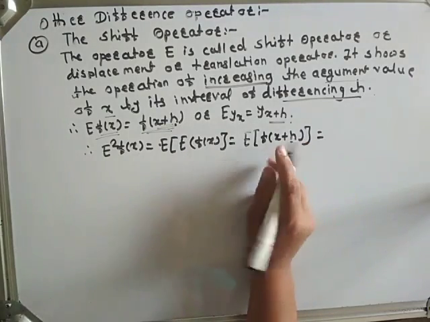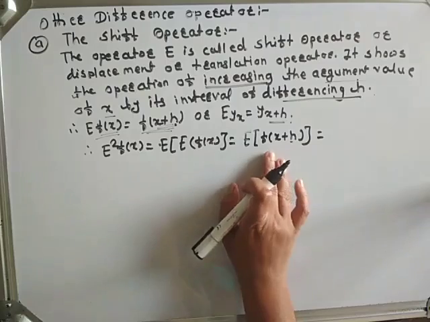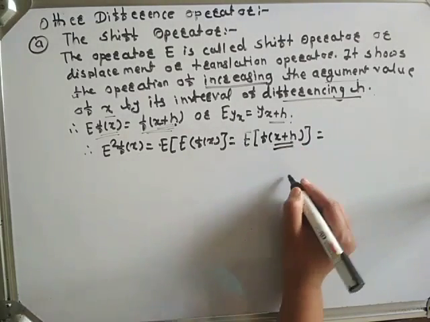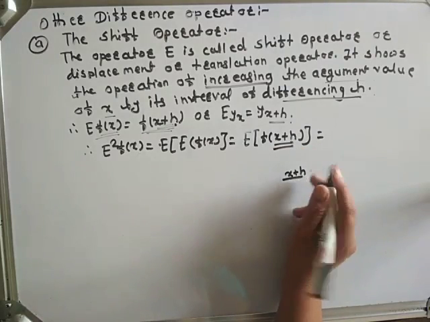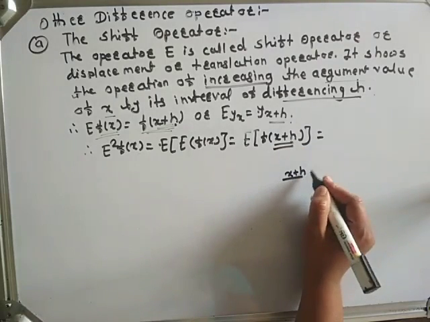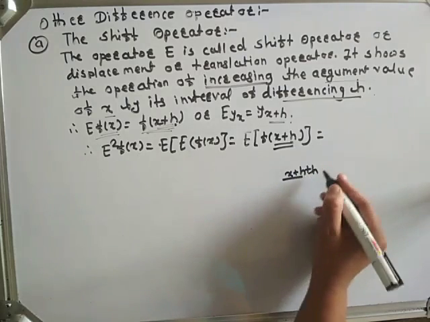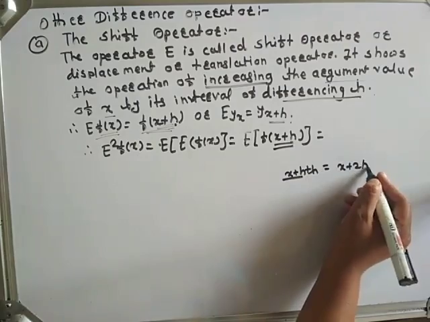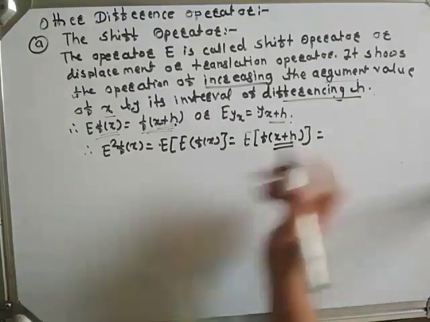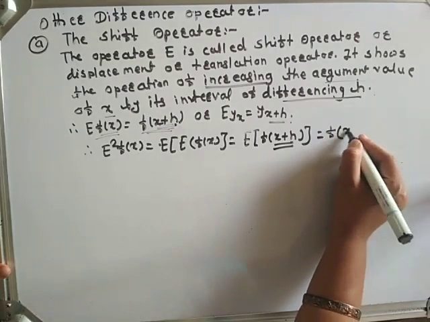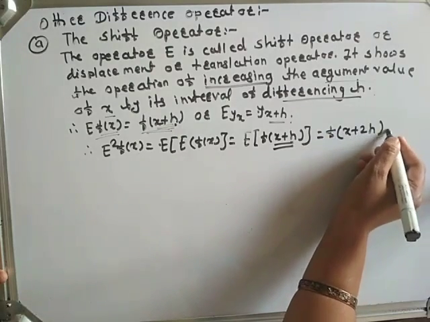Now we have to calculate E of f of x plus h, meaning here the argument x plus h is increasing again by h. It becomes x plus 2h, which is equal to f of x plus 2h.